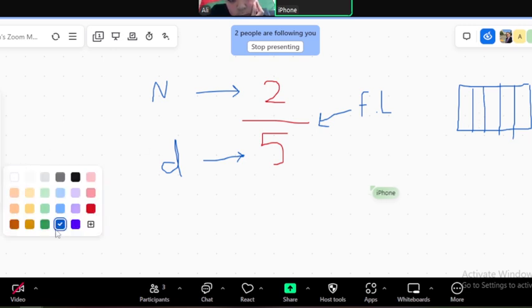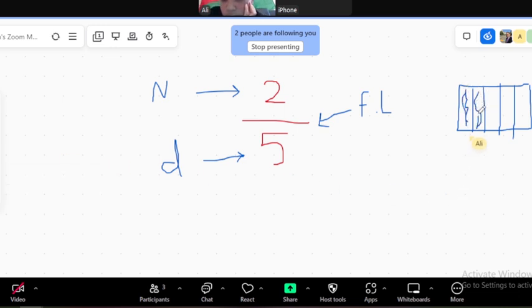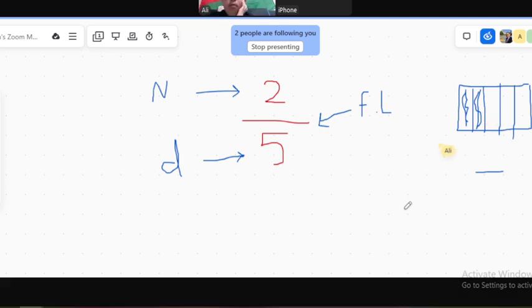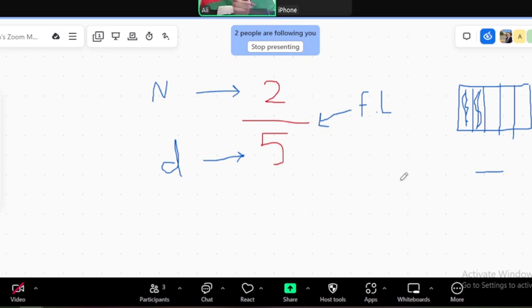If I shade these 2 parts, can you read this figure or write the fraction that represents this figure? You will tell me 2/5. Can you tell me how to get this number? Because you have one whole and you cut it into 5 pieces. You shade 2, so the shaded is 2.